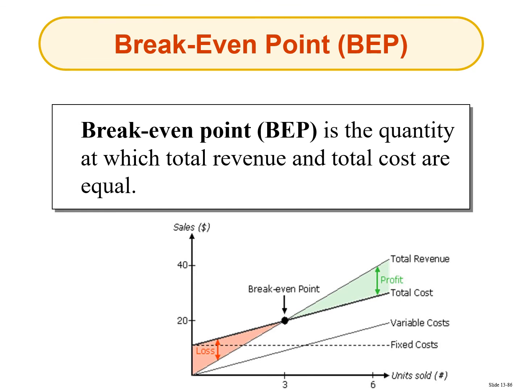So that's the point, which is break-even point, the quantity at which total revenue and total cost are equal. And after that point, as you can see, the green shaded area is the profit. You start making profit after the break-even point.